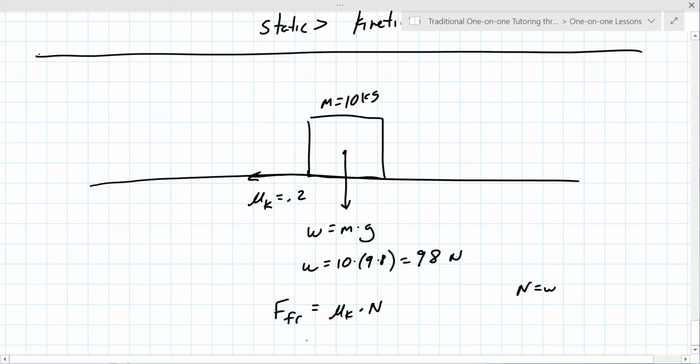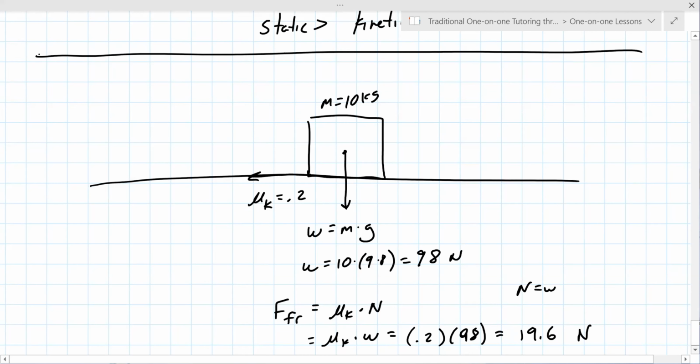I'm throwing a lot at you here, but it's mu k times the weight, which is 0.2 times 98, which ends up being 9.8 doubled, so 19.6 newtons. So the force of friction here is 19.6 newtons when this thing is in motion.